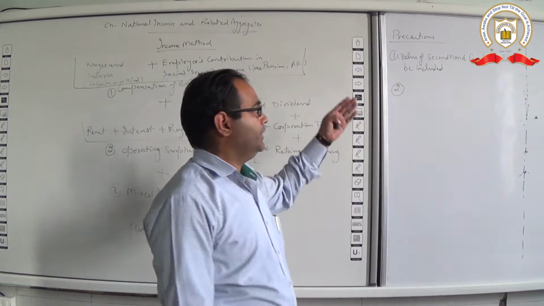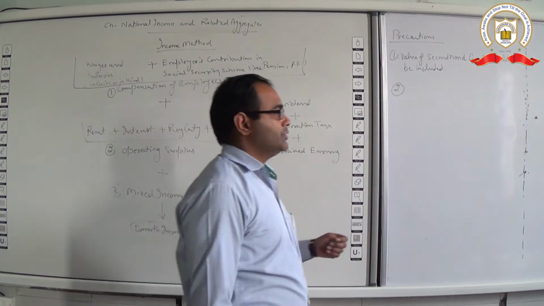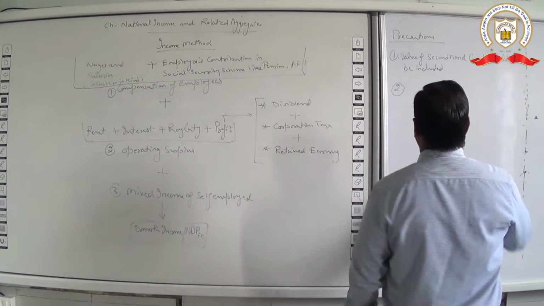So if we take the value of such goods again, it creates a situation of double counting.